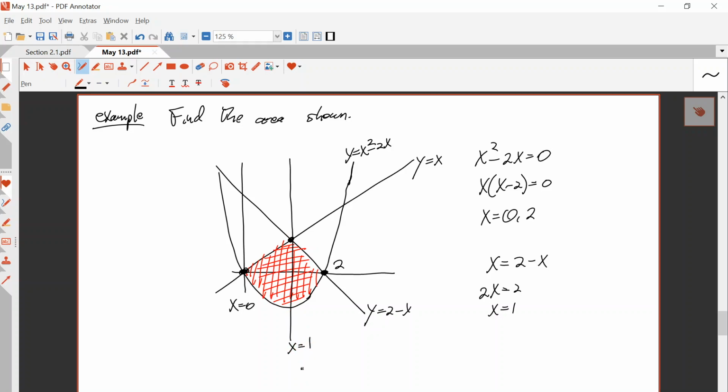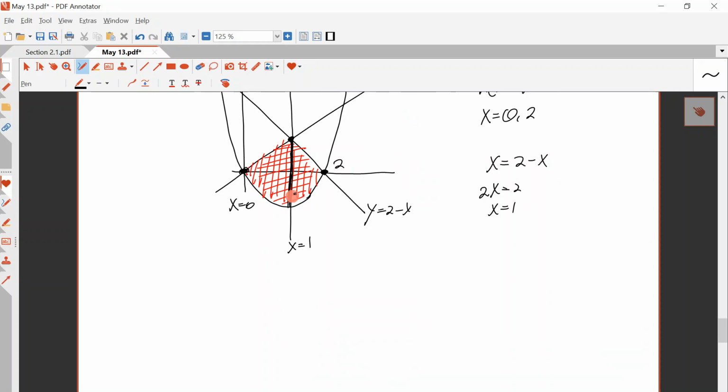So what we've done is we've split this area into two. And notice the top curve and the bottom curve changes at x equal to 1. Here the top curve is the line y equals x. The bottom curve is x squared minus 2x. Here the top curve is y equals 2 minus x. And the bottom curve is x squared minus 2x. So the area is split into two separate parts.